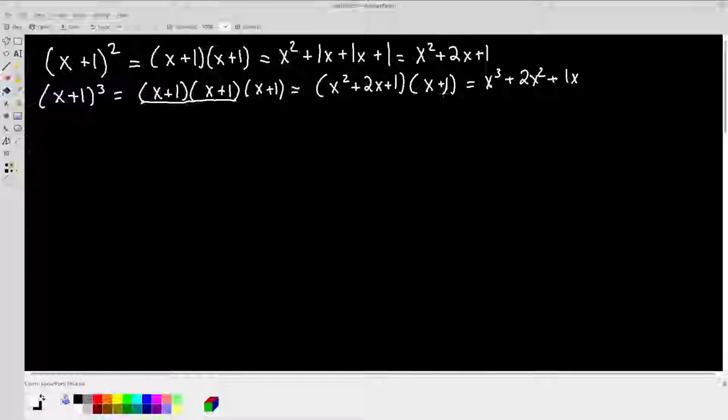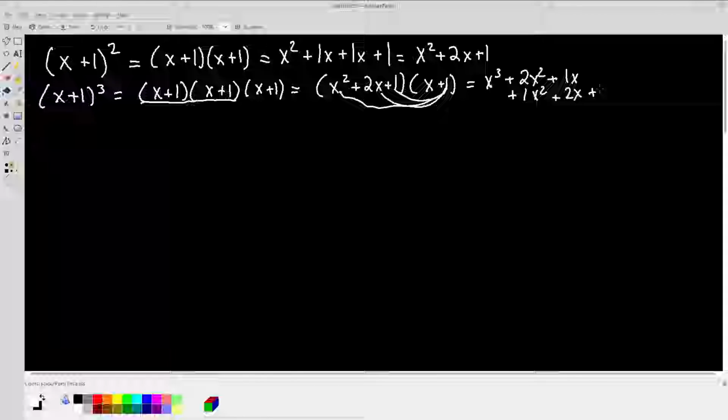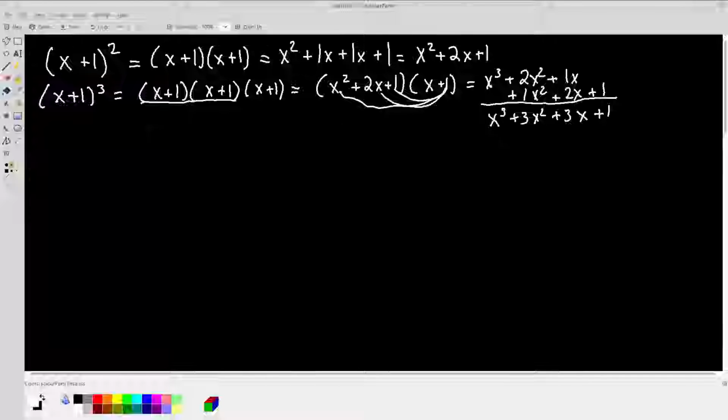Then with the next one, 1 times x squared gives plus 1x squared, 1 times 2x gives plus 2x, and 1 times 1 gives plus 1. I would add these up and get x cubed plus 3x squared plus 3x plus 1. You just do this method all the way through, and you can find these terms.